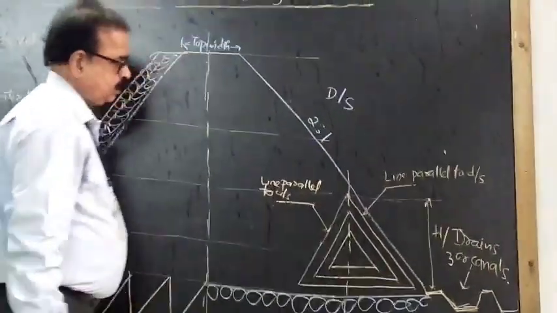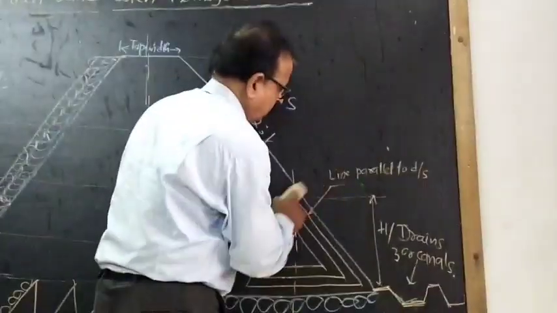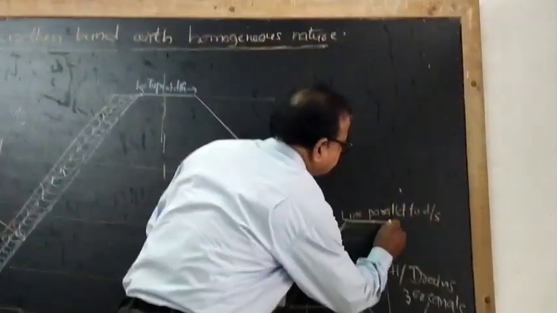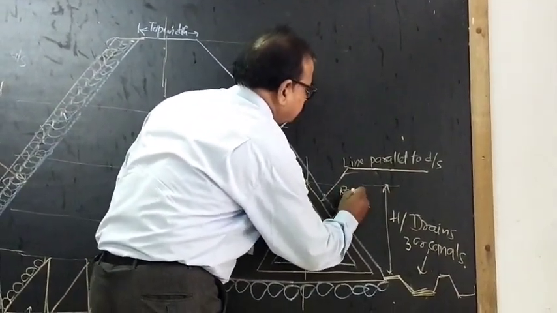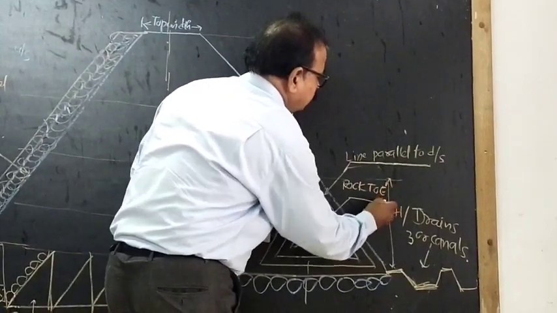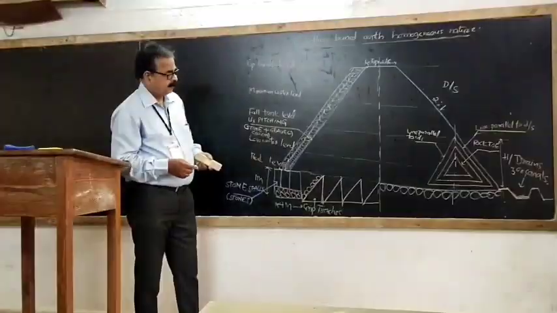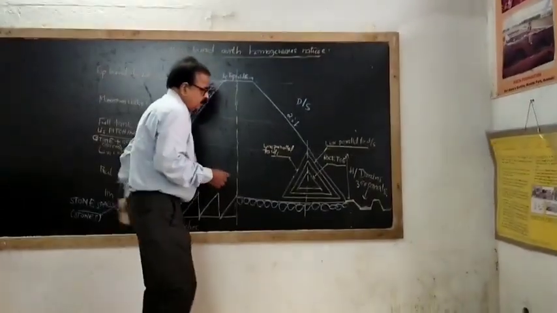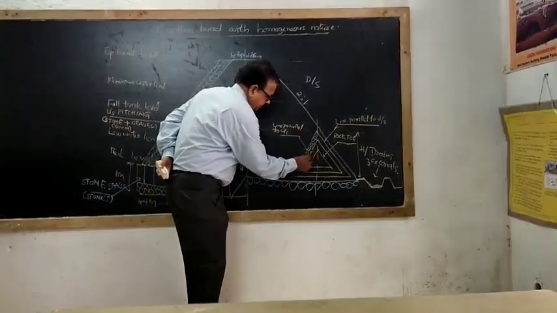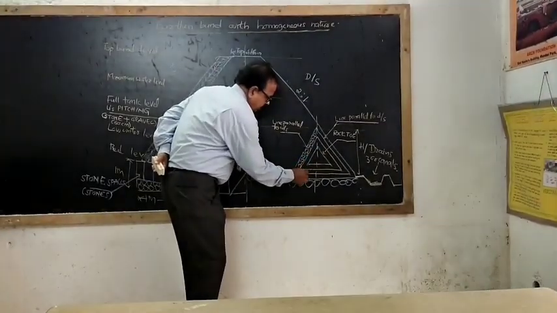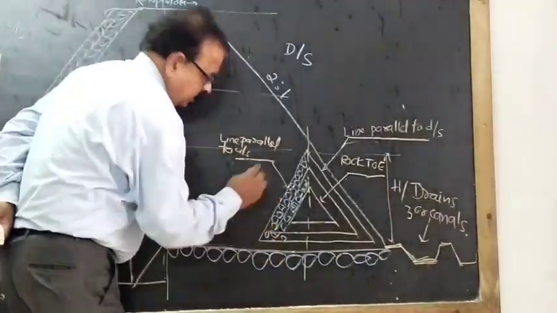The rock toe is provided at the downstream side. We will call this the rock toe, which is most important to take away or seep out the water from the earthen bund. This rock toe is filled with sand layers only to control the dense particles.